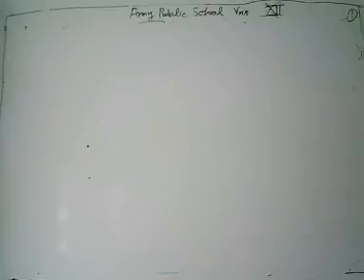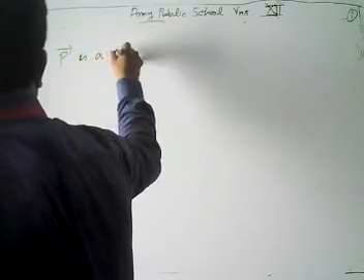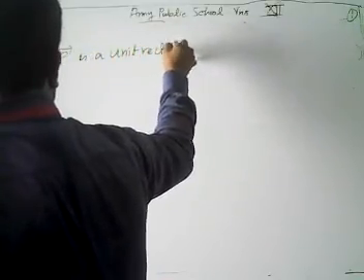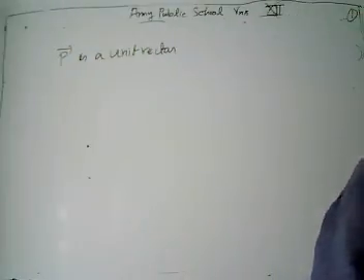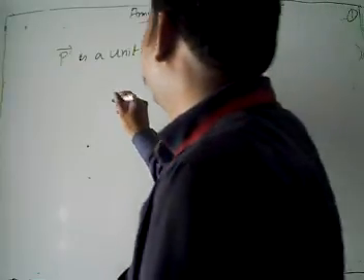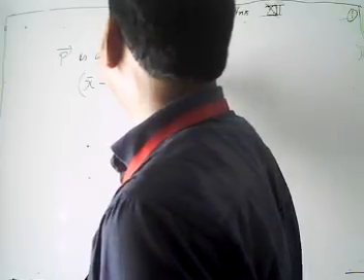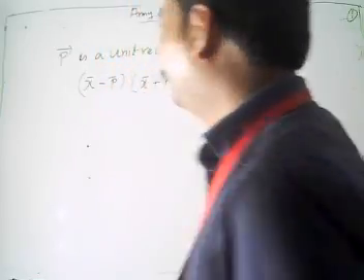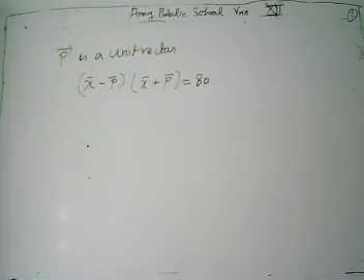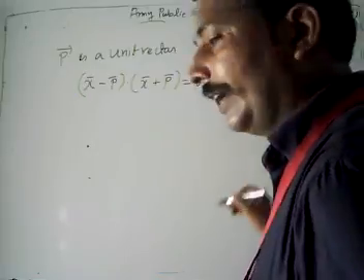If P is a unit vector, and it is given that vector x minus p dot vector x plus p is equal to 80, then we have to find the magnitude of x.